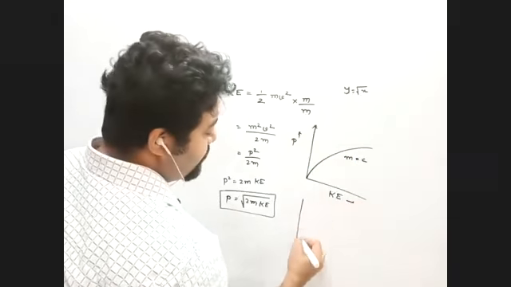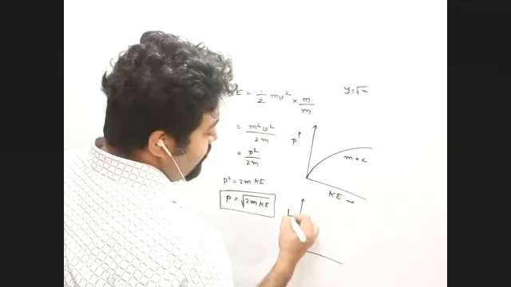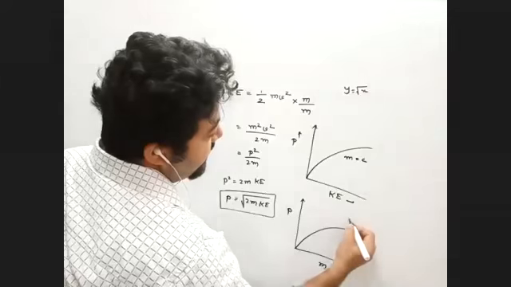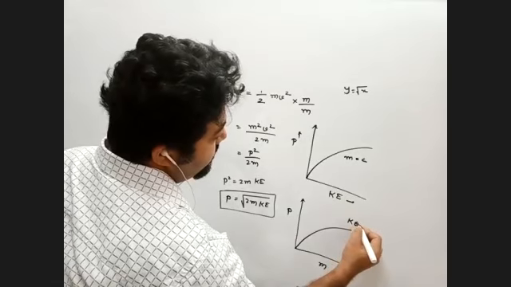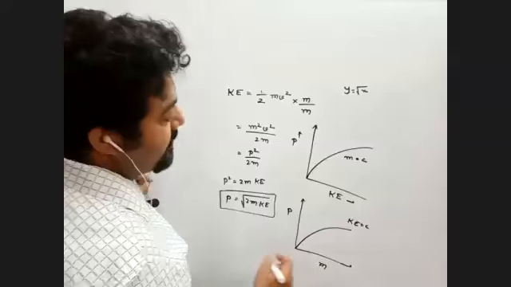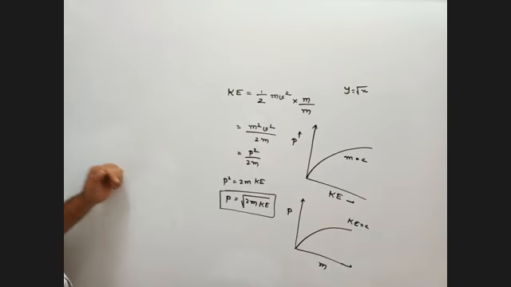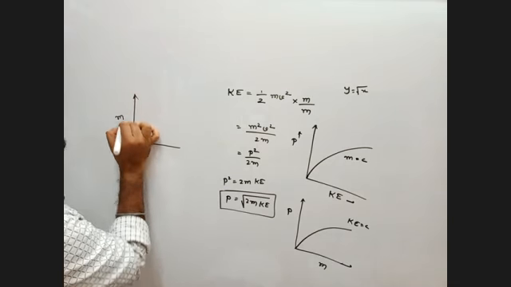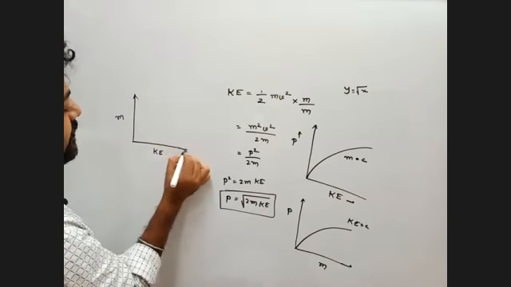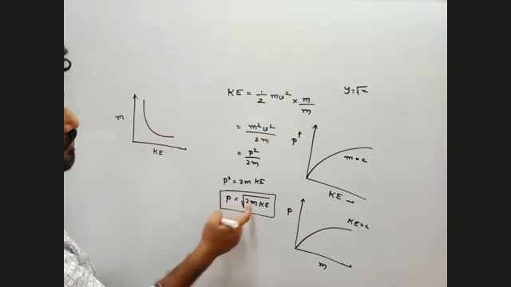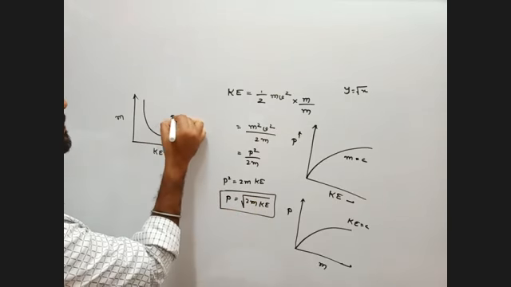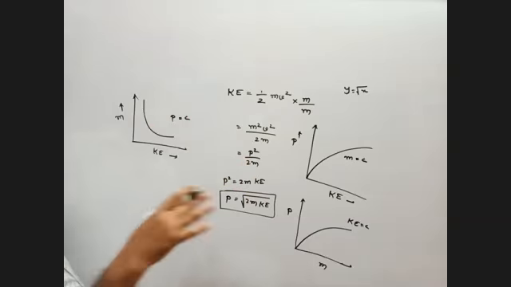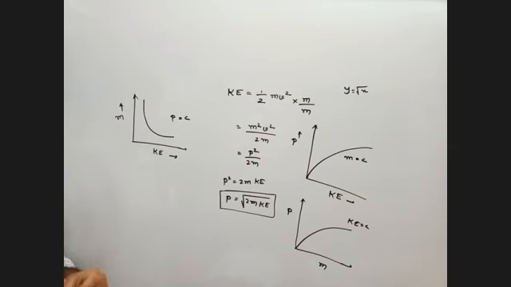Similarly, if we want to draw momentum and mass, and kinetic energy is constant, the graph again looks like this. And if anyone asks you the mass and kinetic energy graph, they are inversely proportional, because this 2 equals constant if P is constant. Is it clear? Yes, sir.